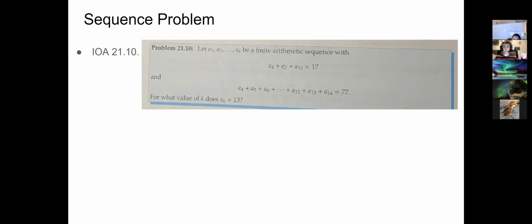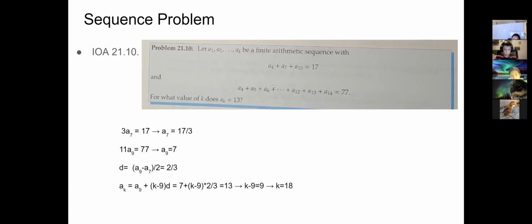So we have 3 terms adding together, which will be 3A7, because A7 is the middle term, and the first equation tells us what A7 is. The first equation means 3A7 is 17, so A7 equals 17 over 3.